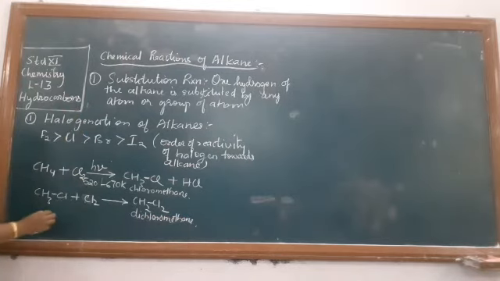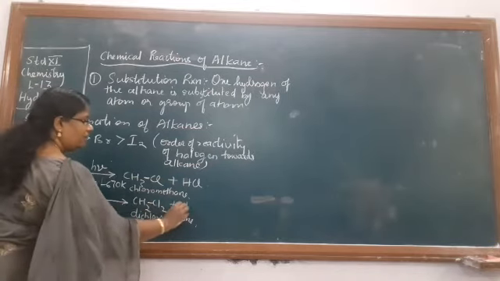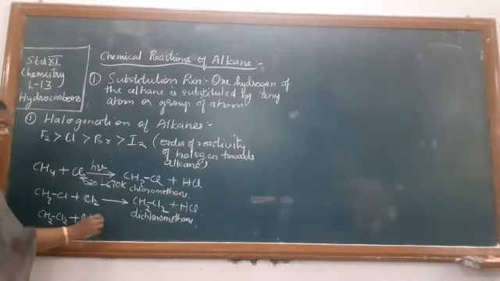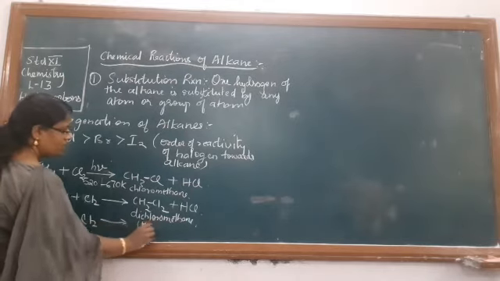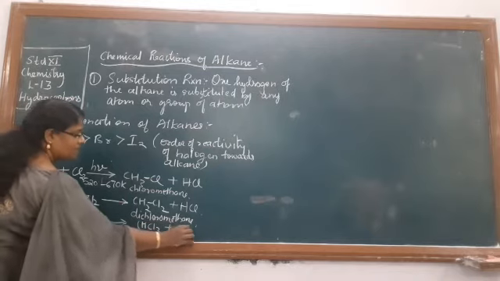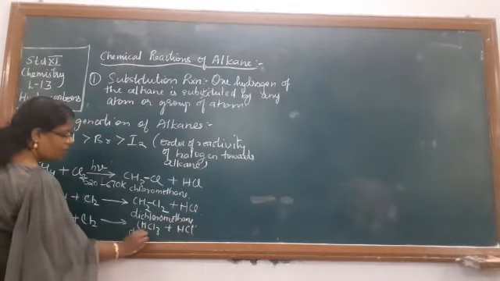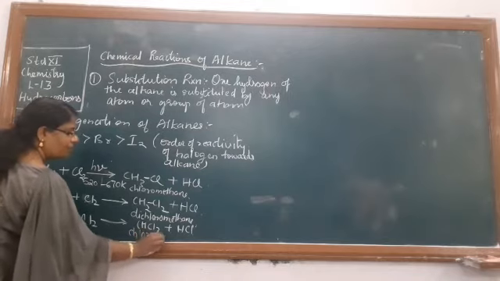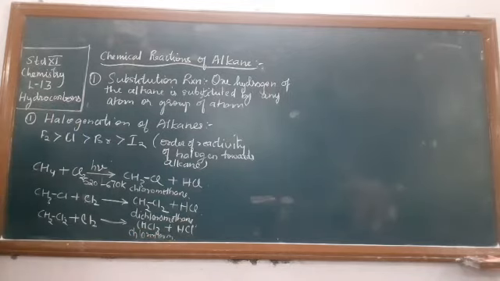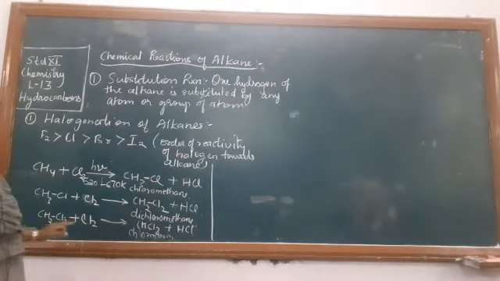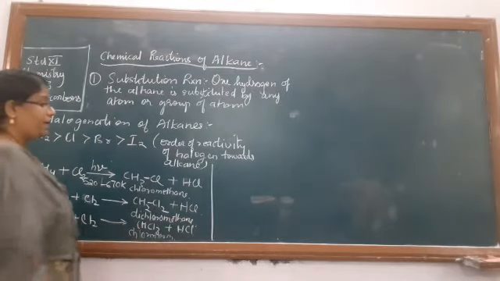Again it does not stop there with HCl. CH2Cl2 will again react with Cl2 to give you CHCl3 plus HCl. This is what we call trichloromethane, या उसका common name है chloroform. ठीक है? Still you have one more hydrogen which can be replaced by chlorine.